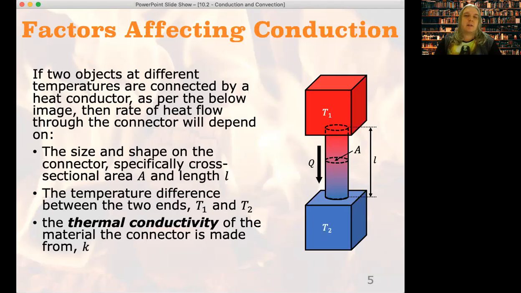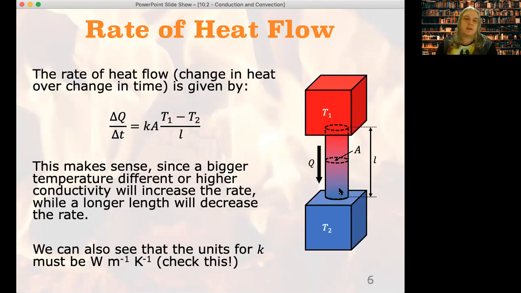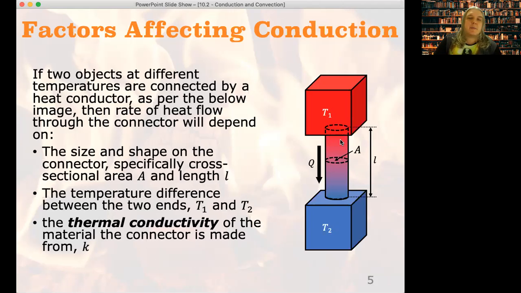Likewise, but opposite almost, we've got L. For that heat energy to get from T1 to T2, from our object at the top to the object at the bottom, it's got to go through that many molecules all the way down that connector. It's got to transfer from one to the next, all the way down this length L. And that means that the longer L is, the more collisions are involved and the slower that heat flow is going to be.